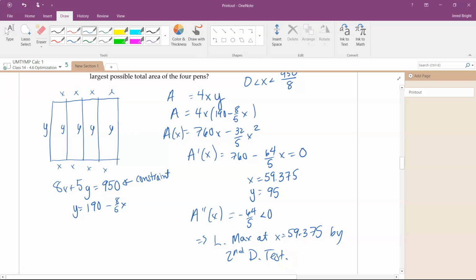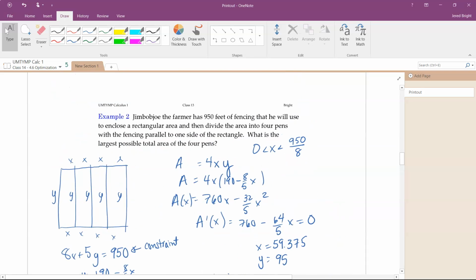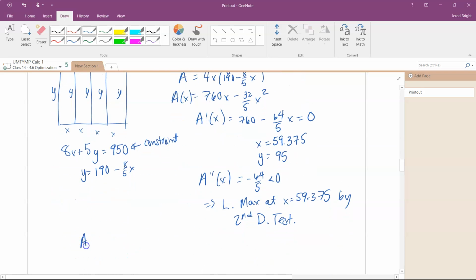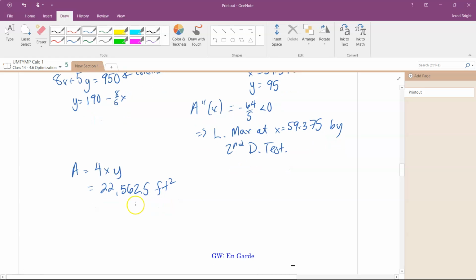Then if you're looking for the largest possible total area, you go back and say area is 4 times x times y, and you end up getting 22,562.5 square feet. You just need to write this in sentence form, which I'm not going to do for time purposes.